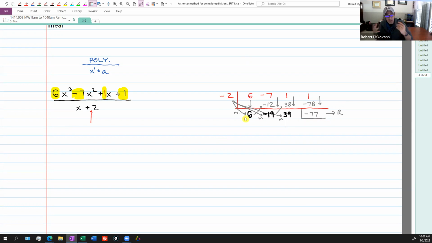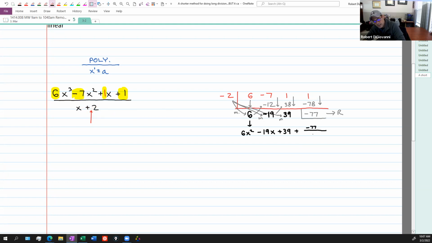So from this, I can tell you that I would have had 6x squared minus 19x plus 39, and then plus my remainder, -77, over my divisor. Now, what was my divisor? I have to go back to this over here.